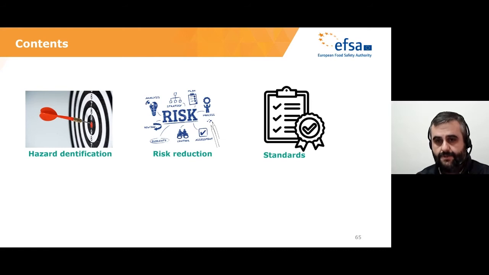And as Angel was mentioning in a previous presentation, I will specifically focus on two main points of the application that we know from experience are among the most challenging ones, and sometimes give rise to unsuccessful applications: the hazard identification section and the risk reduction section.